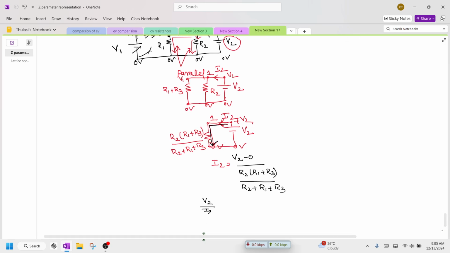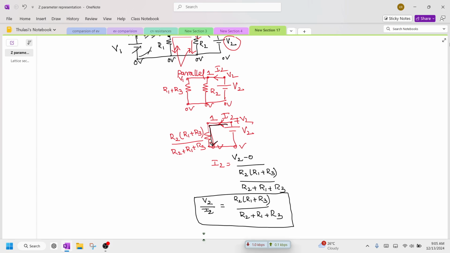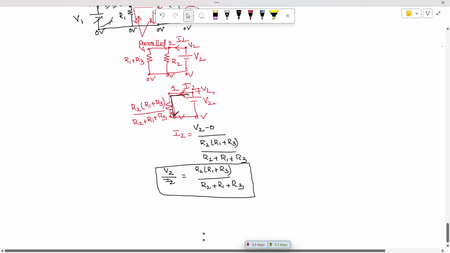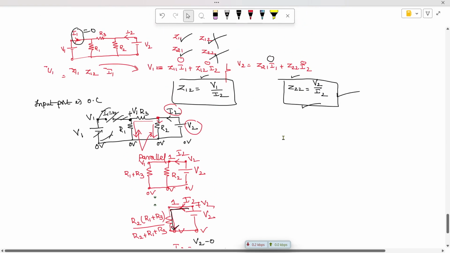The ratio of V2 divided by I2 is equal to, this term will come to the numerator, which is R2 into R1 plus R3 divided by R2 plus R1 plus R3. So this is V2 by I2. Successfully we found one parameter. Now we need to find this parameter.